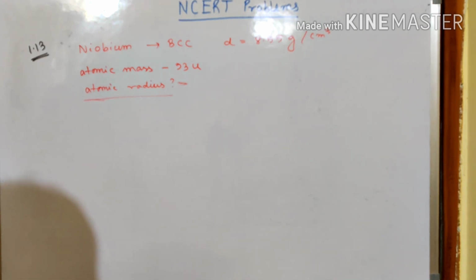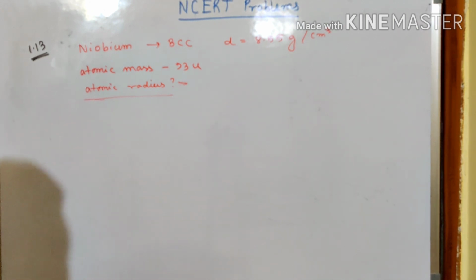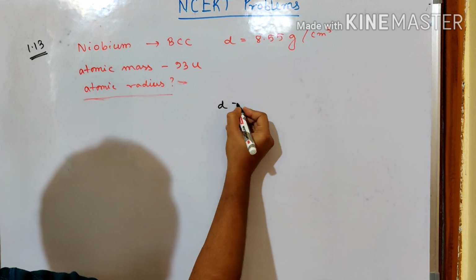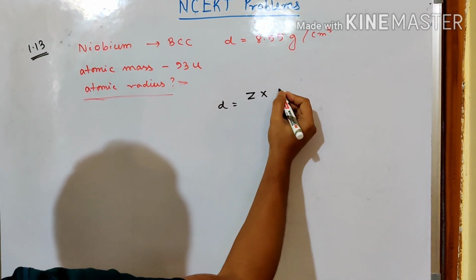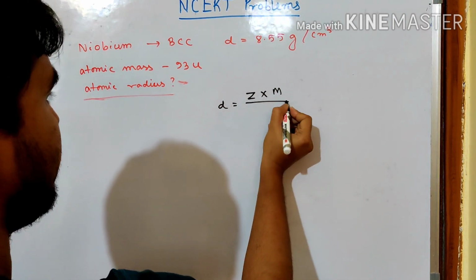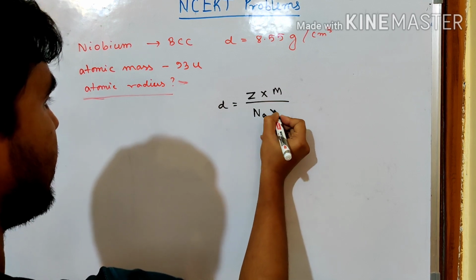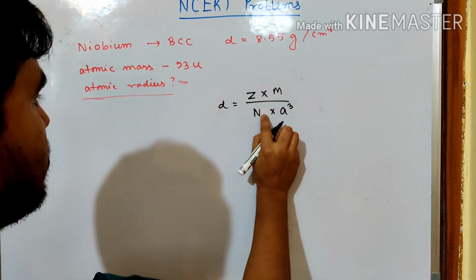So to solve it, let us first see what are the values which are given. We all know the formula, that is D is equal to Z into M divided by NA into A cube.